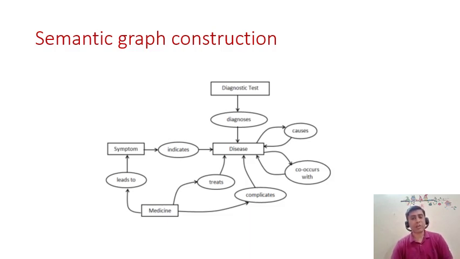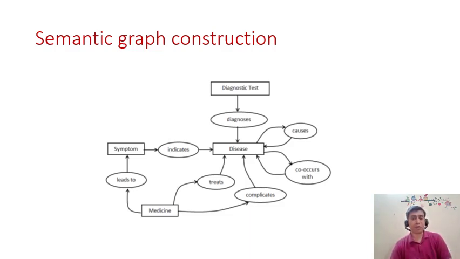So if I convert them into some sort of a graph, for example, here you see we have only taken certain types of entities and the kinds of relations that can exist among those entity types. Then you can mine several such graphs and find out the hidden knowledge or information.